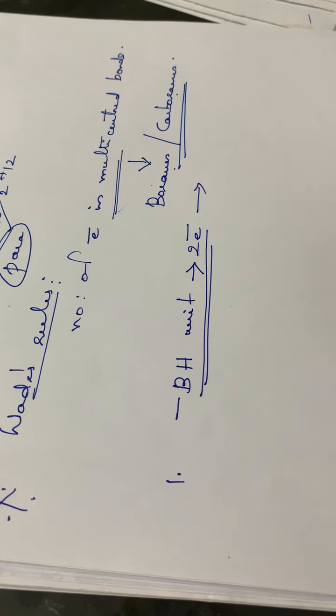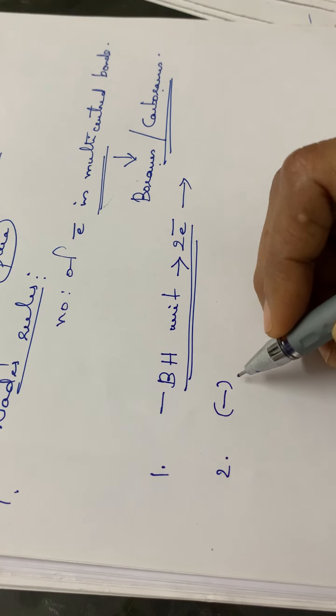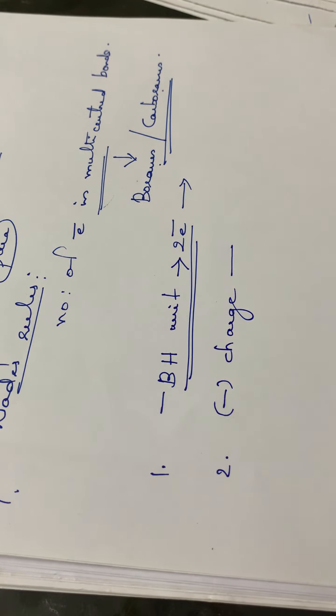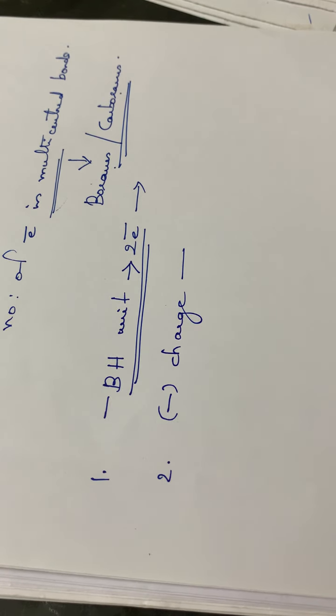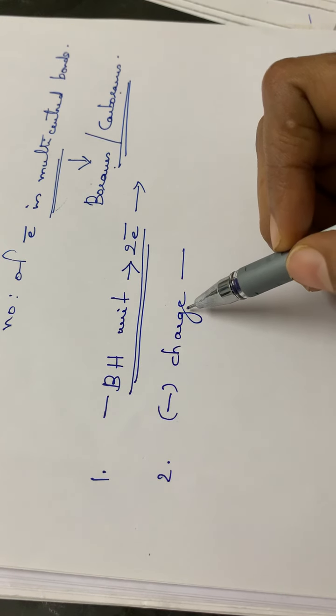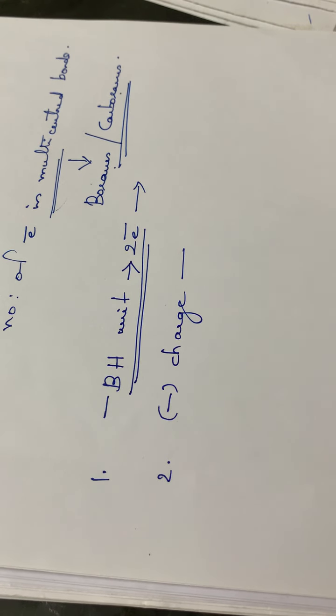Then the second point is that the negative charge can also be counted in the case of skeletal bonding. So negative charge will be counted as 1 electron. Negative charge in a borane or a carborane is also used up in the skeletal bonding.